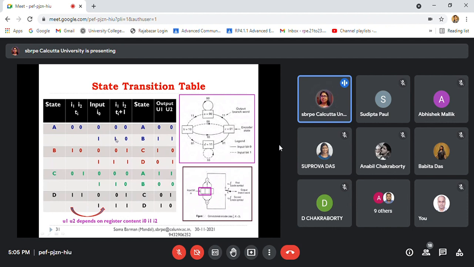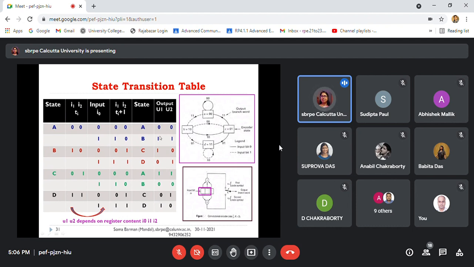Okay. Now what will be the output in this case? Output depends on this memory and this input. So memory is now here, this is I1 and I2, so 0 0 and 1. So this is 1 0 0, so it is 1, and this is 1 0 0, so this is also 1.